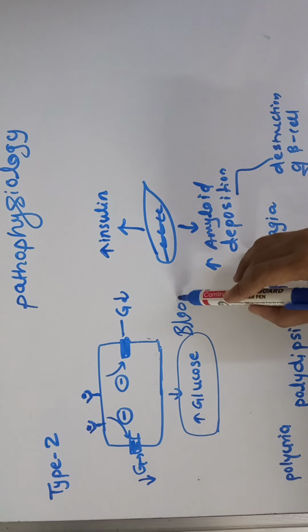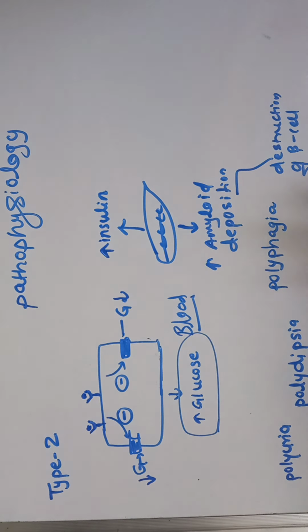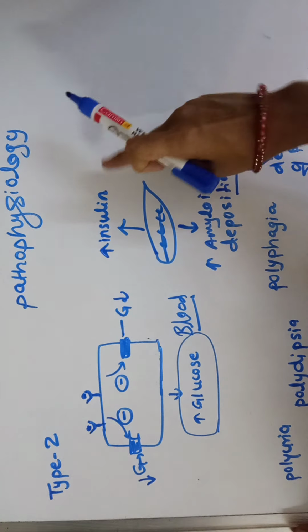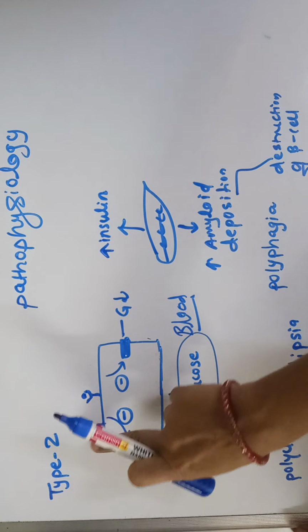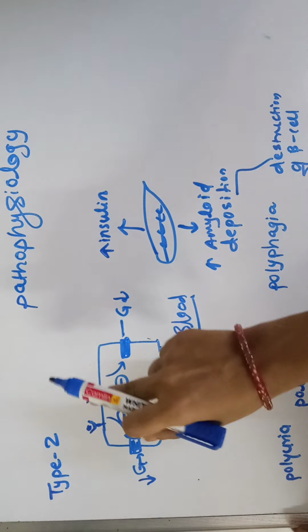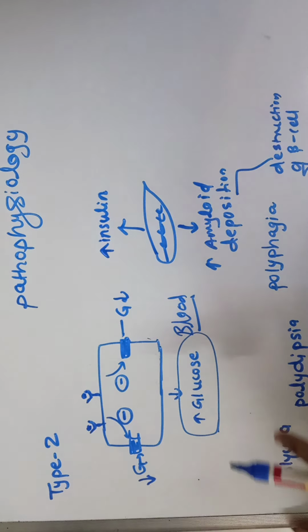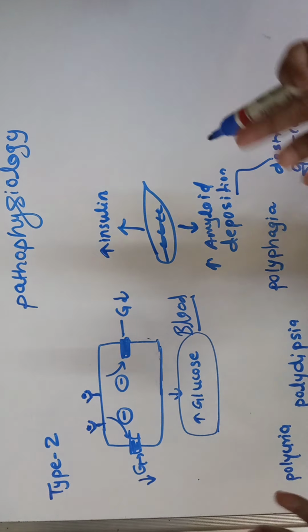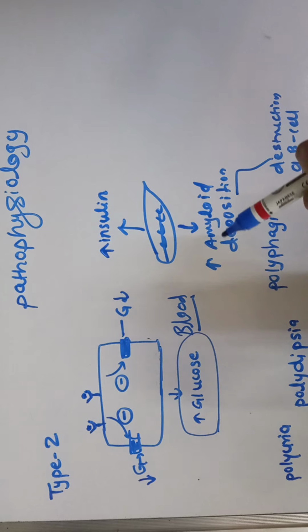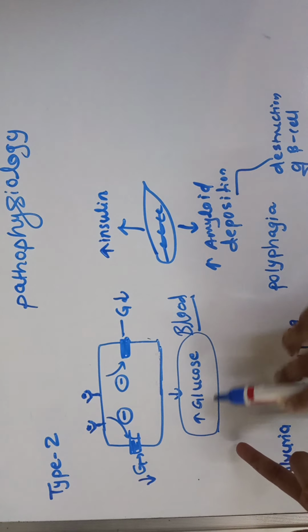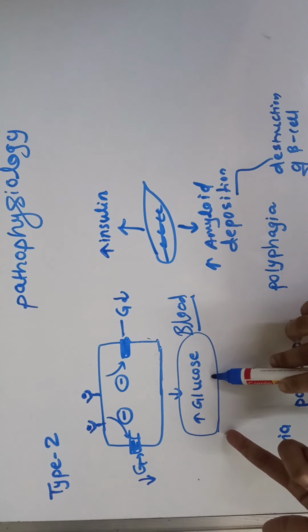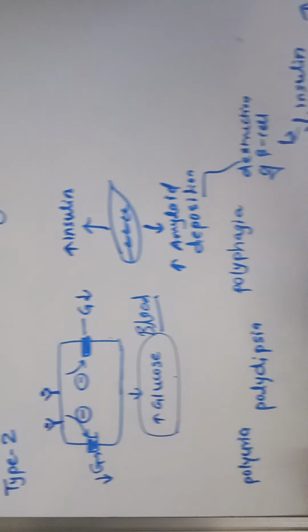Are you understanding? In this case, insulin is produced, but the receptors become resistant to it, so the cell cannot take up glucose, and your blood glucose concentration rises again.